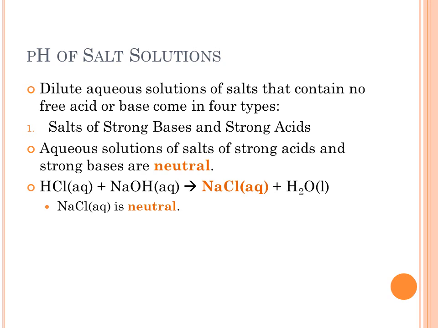For example, if we react HCl and sodium hydroxide, the salt I form is sodium chloride. Sodium chloride is a neutral salt because the sodium ion and the chloride ion are both neutral. So those alkali metal cations tend to be neutral and form strong bases, and so they form neutral salts. Anions of strong acids are neutral, as we mentioned before.